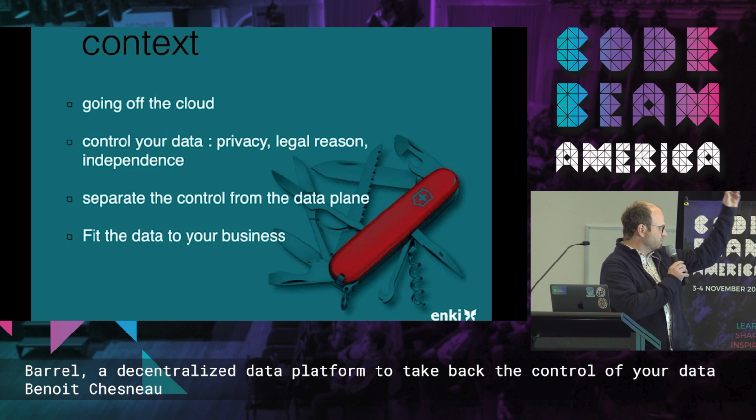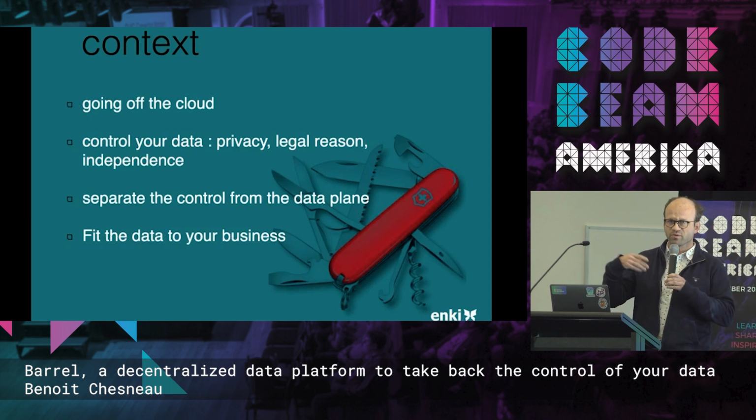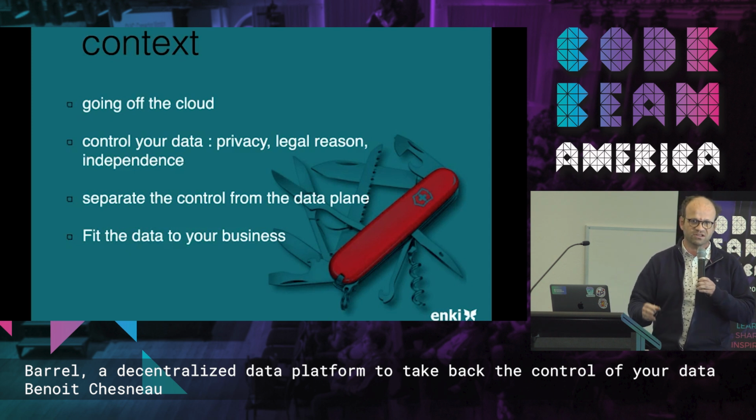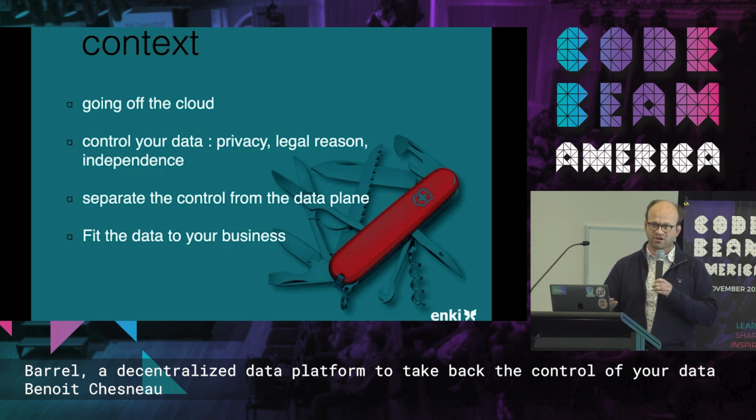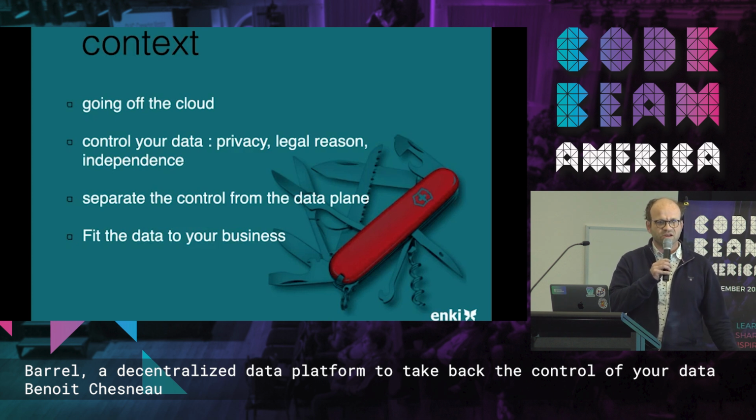This was first to feed the data to the business of the customers, and as a side effect, we also see more and more people going out of the cloud today, at least a lot of corporates, some for money reasons, some more likely because they have privacy concerns and legal purposes.